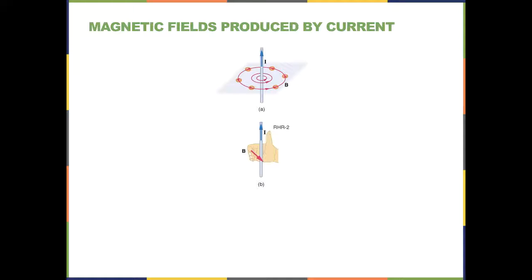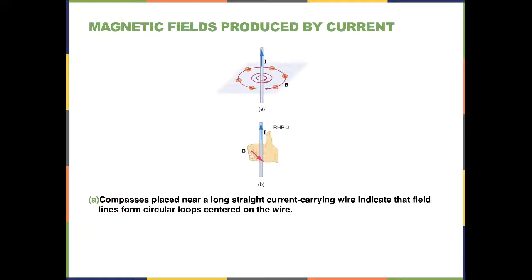the page. Now here we're talking about the magnetic fields produced by a current. If you put compasses all the way around A, you'll notice that the compasses point in a circular direction, rotating counterclockwise around a current that's traveling from the bottom to the top of the page.